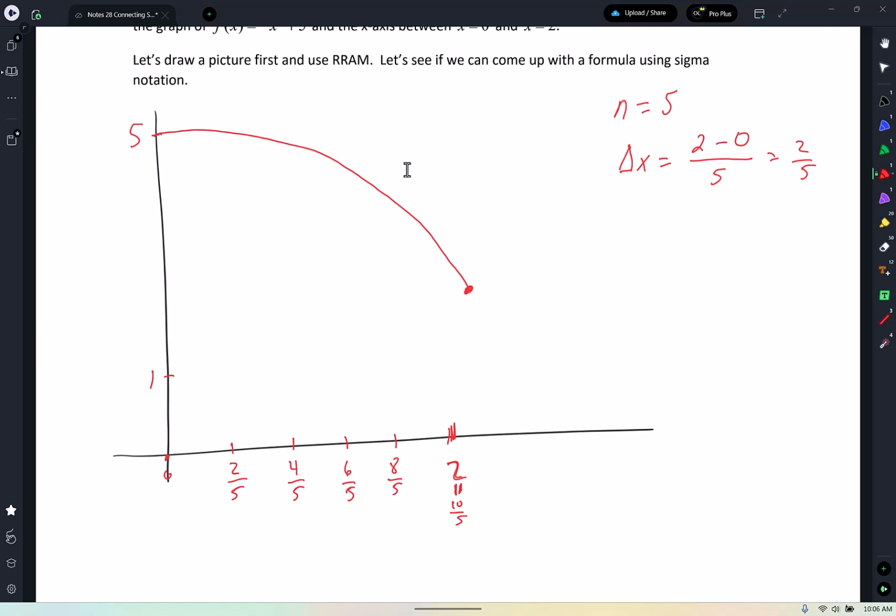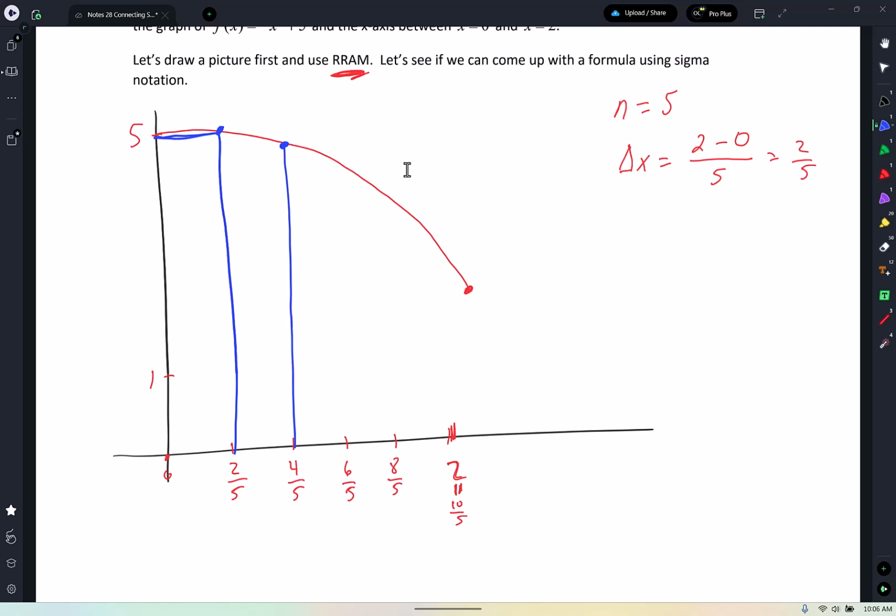All right, they want me to use RRAM. So here we go. Between 0 and 2/5, put a point on the curve and go. There we go, because it's decreasing, it should be below it.